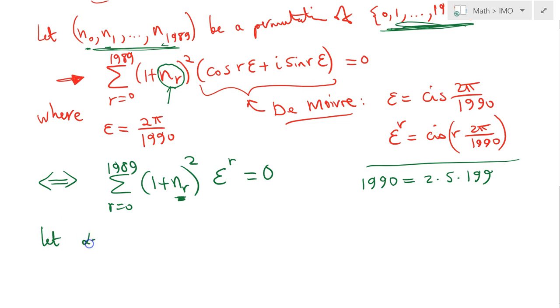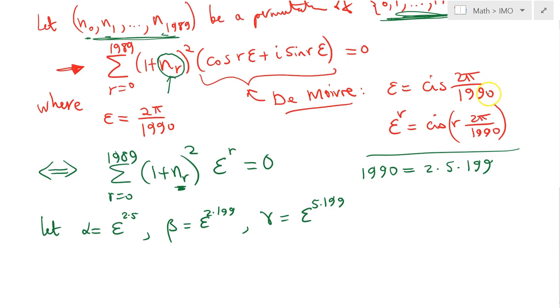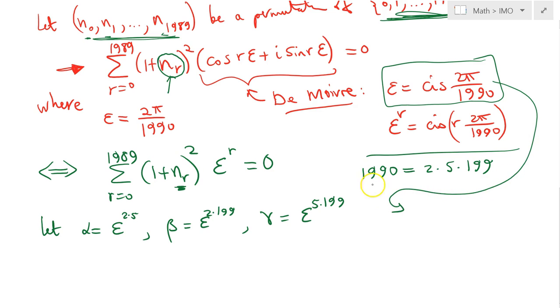Let alpha be simply equal to epsilon, which is the 1990th root of unity, raised to the power 10, or I should probably say 2 times 5, and then beta simply as epsilon to the power 2 times 199, and finally gamma equal to epsilon to the power 5 times 199. Notice here that, because epsilon is the 1990th root of unity, if I raise it to these powers, I'm using the right column just for my ideas here.